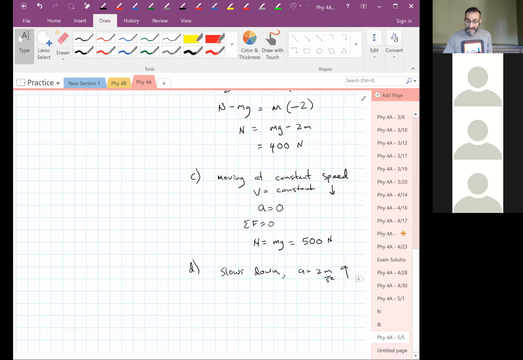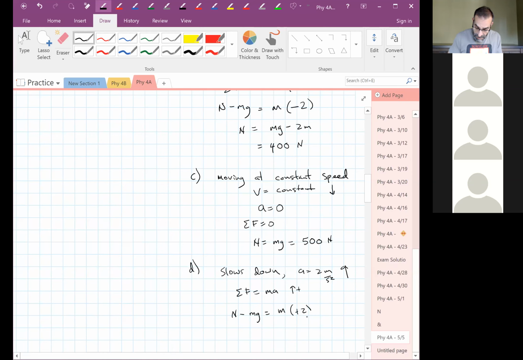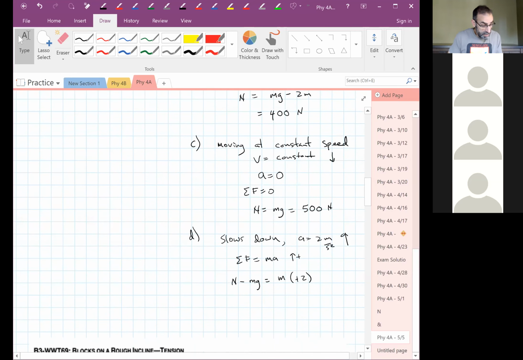Yeah, it all depends on the acceleration. So sum of the forces equals ma. Up is my positive direction. So I've got N minus mg is m times plus 2 this time. And I plug in my numbers, and I've got my normal force is 600 newtons.